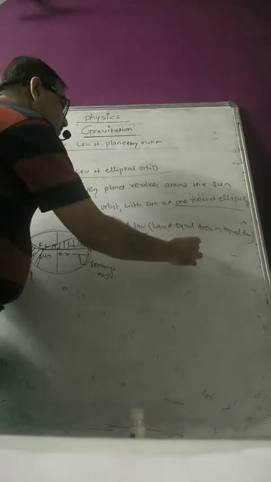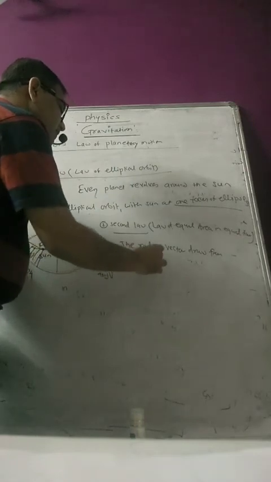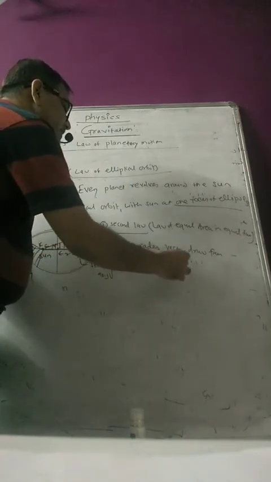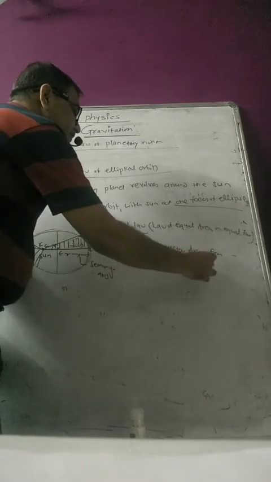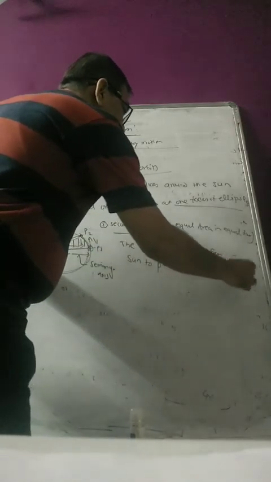ओके, म्हणजे हा P1 टू P2 गेला आणि हा इकडे P3 P4. ओके, मग मुलांनो तुम्ही काय सांगितलं आता, व्हॉट इज दॅट युअर सेकंड लॉ. The radius vector drawn from sun to planet sweeps out equal area in equal intervals of time, equal time interval.